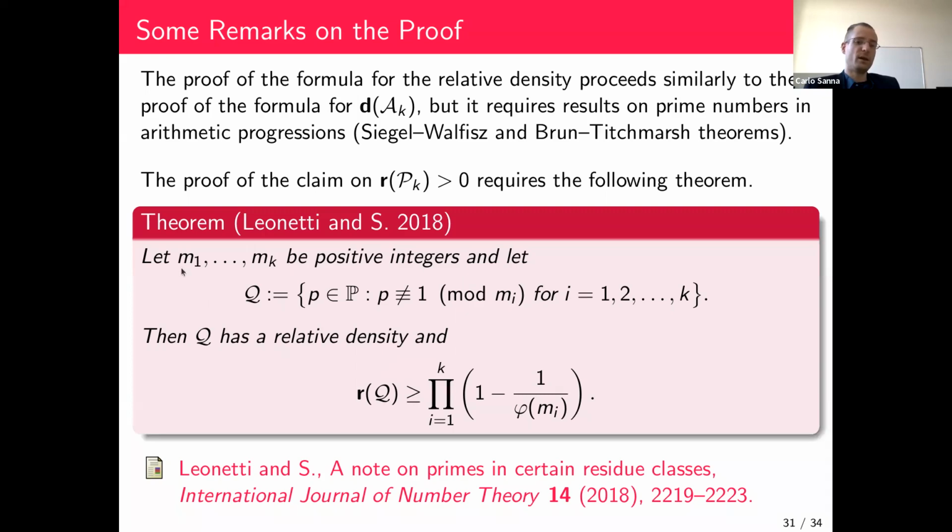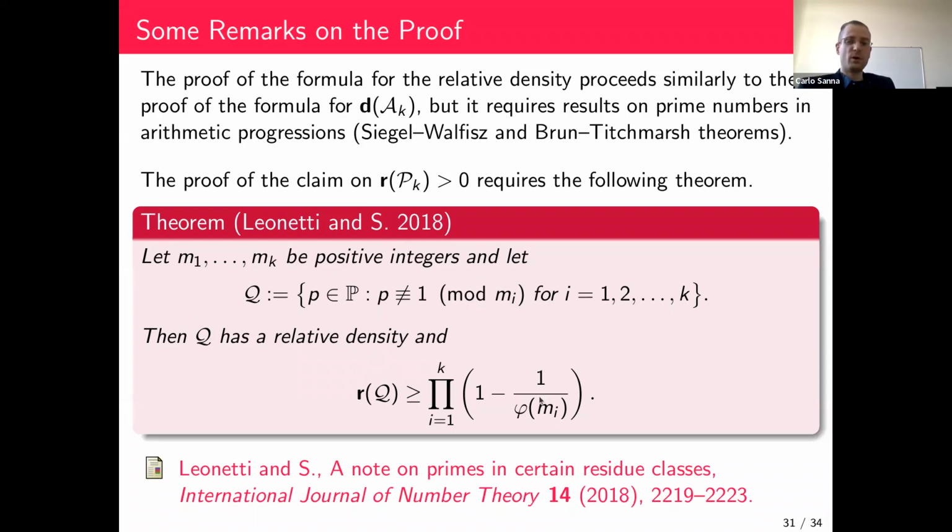Given some natural numbers m sub 1, m sub 2, and so on up to m sub k, let Q be the set of prime numbers p such that p is not equal to 1 modulo any of the m sub i integers. Then this set Q has a relative density in the set of prime numbers.